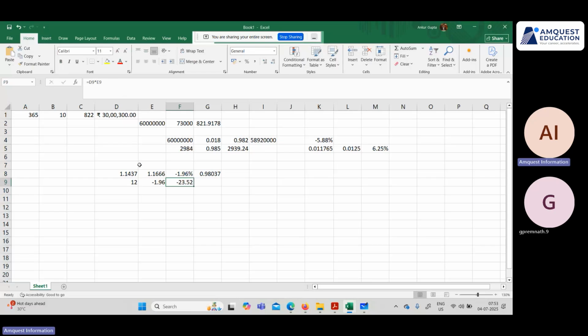Actually, let's keep this in decimals. Now let's just sum these three numbers. The same is coming, right? There's a little rounding error between this and this. The same number, right? Got it.